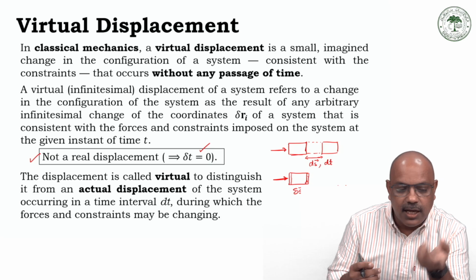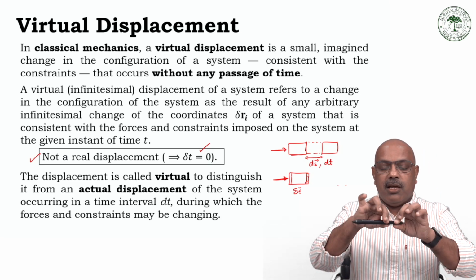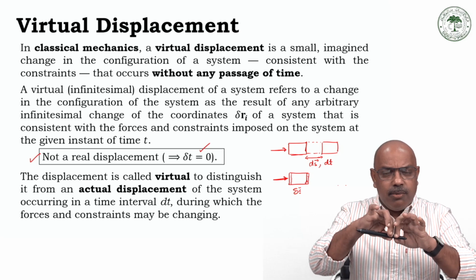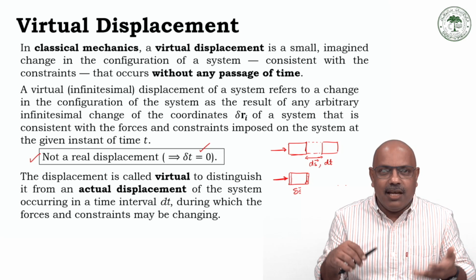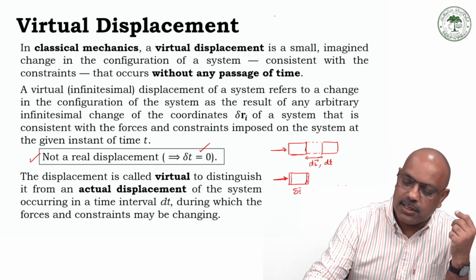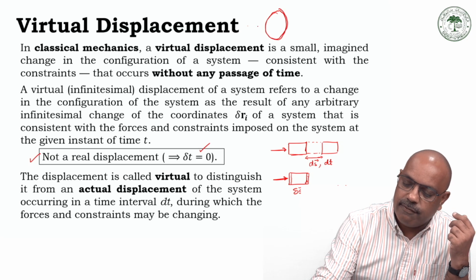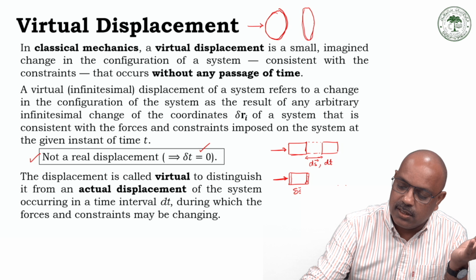For example, if I'm applying a force on this, for that instant when I'm applying the force, there is a possibility that there is a deformation in this. Like for example, if I have a surface and I apply a force on this surface, there is a possibility that this surface is going to be like this.